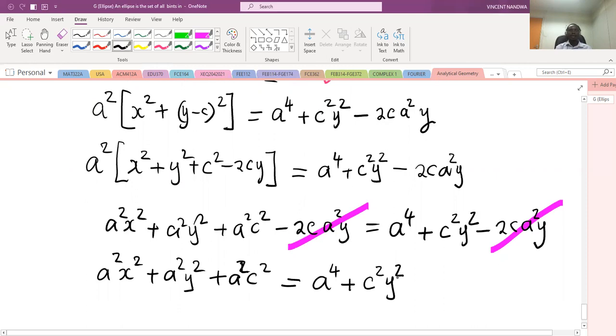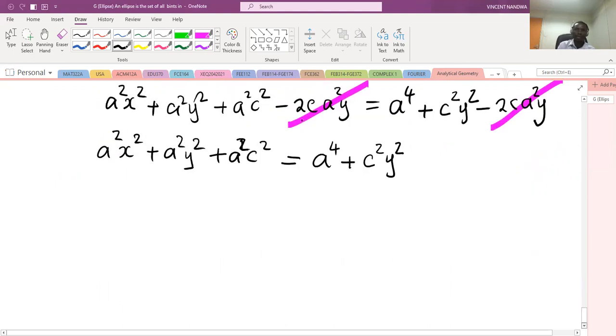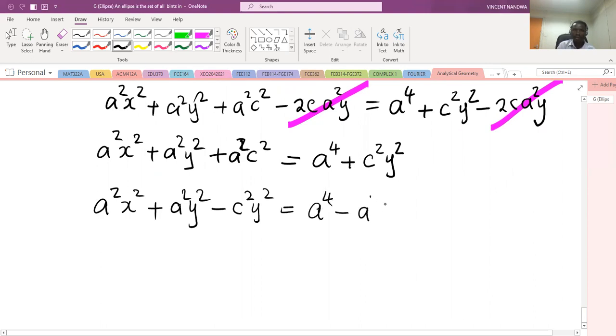Now what you do, you take terms with y's and x's to one side, and terms without x and y's on the other side. So I take this to the left so that I have a squared x squared plus a squared y squared, then this will now be negative c squared y squared, equals, now when this one comes to the right-hand side, this term will be negative a power 4 minus a squared c squared.